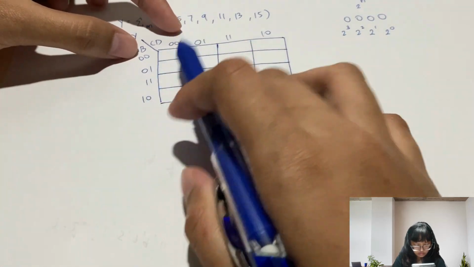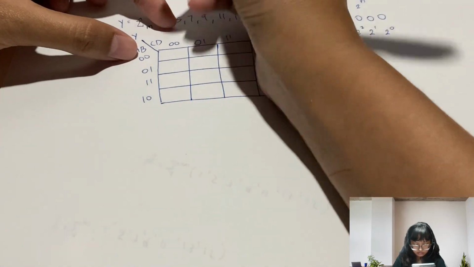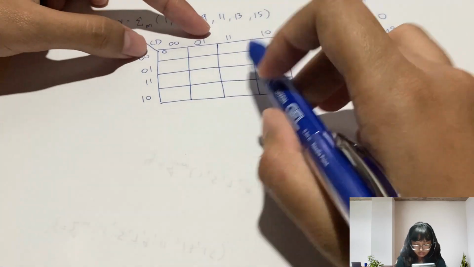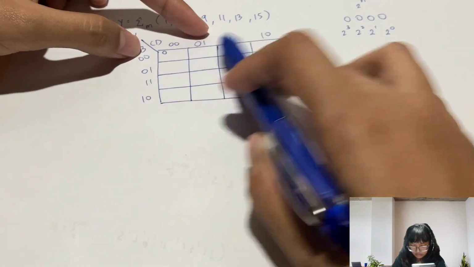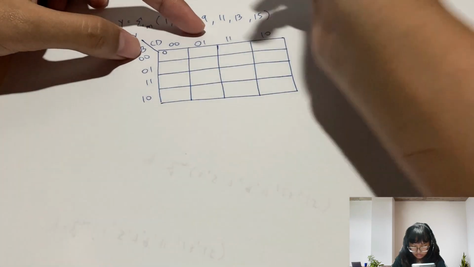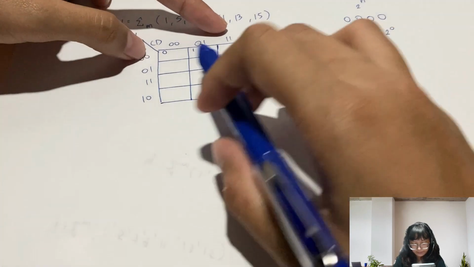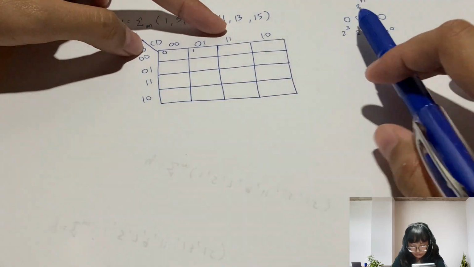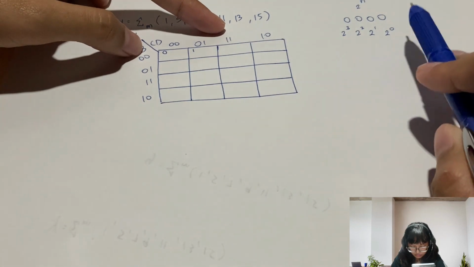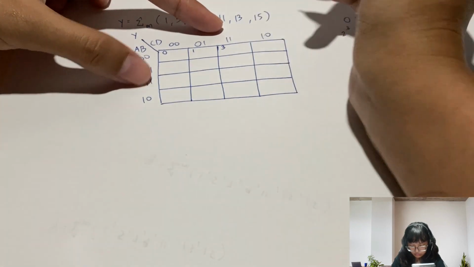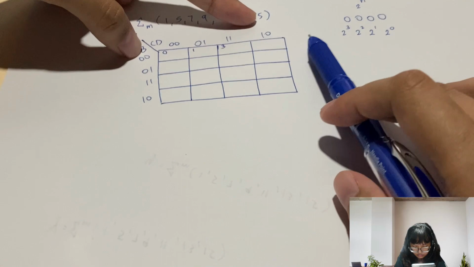Dito, since 0, 0 lahat, ibig sabihin, turn off lahat yan. So, 0 ang min term. Dito naman, ang naka-on lang ay yung 0, 0, 0, 1. So, 2 raised to 0, so 1. Dito, 0, 0, 1, 1. So, 2 plus 1. Kaya 3 dito.